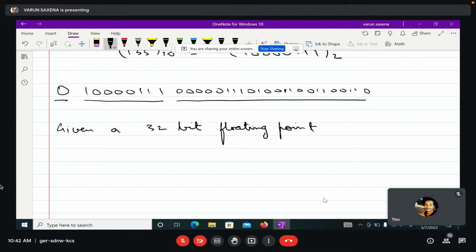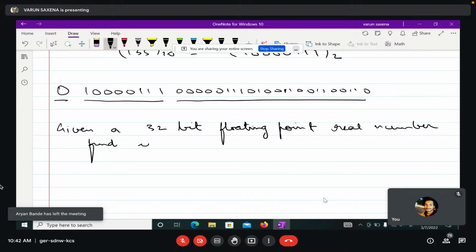Given a 32-bit floating point real number, find its decimal.